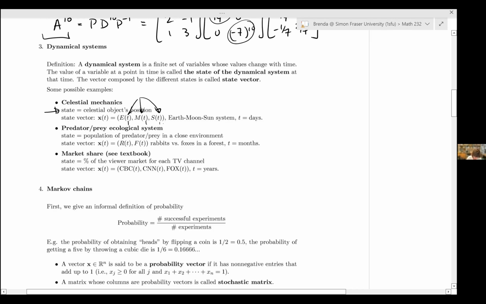Similarly, we could have a state being the population of a predator-prey system in a closed environment. Our state vector would then be, for example, the number of rabbits at time t and the number of foxes at time t, and that will all change over time. Our state vector is the vector containing those 2 numbers. It's a dynamical system.